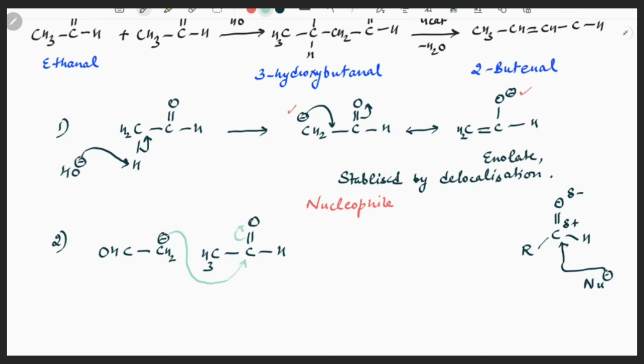As a result, the two molecules are joined together by a carbon-carbon bond. This becomes CH2, and now these two carbons are joined. The electron goes to oxygen, which becomes negatively charged, and it also has hydrogen as well as a CH3 group.